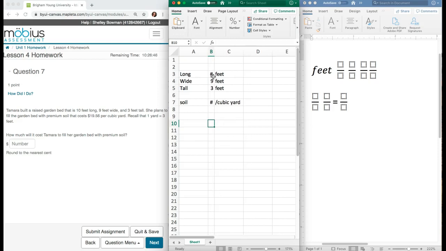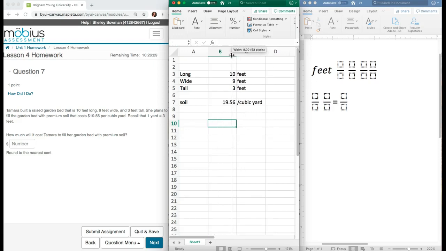My number's rather small. Yours will be bigger, and you'll probably see a couple of these number signs in here. What that's simply saying is that the digits in here are bigger than the column, and if you want to see the digits, you need to expand the column so that those digits can be visible. That's all it's saying. So it has nothing to do with doing an incorrect operation or not.